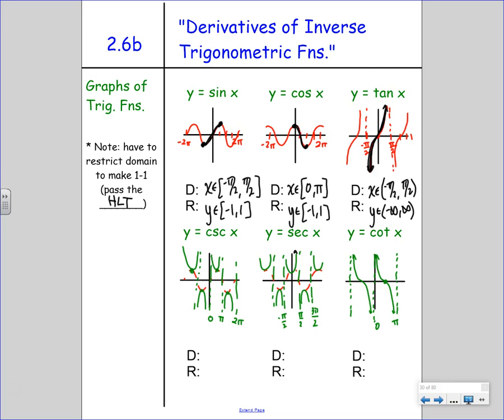Cosecant is 1 over sine, so it ends up having the exact same interval as sine, except it's undefined halfway in between. It's undefined at 0, so we have to split it up at 0. Secant, reciprocal of cosine, is the exact same as cosine, except, once again, it's going to be undefined halfway in between.